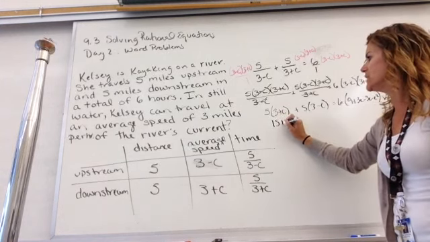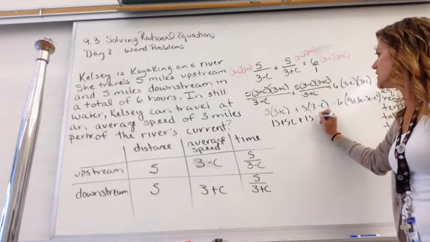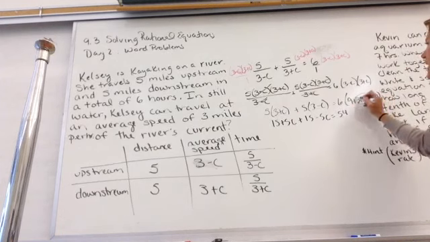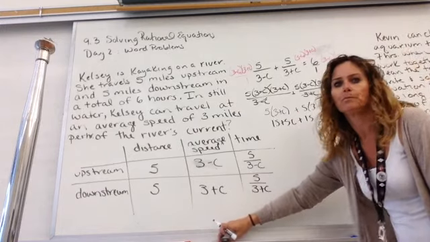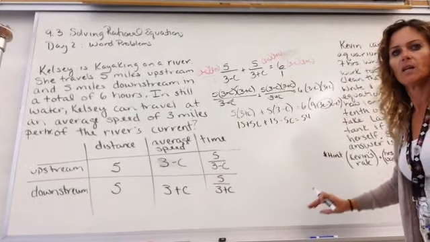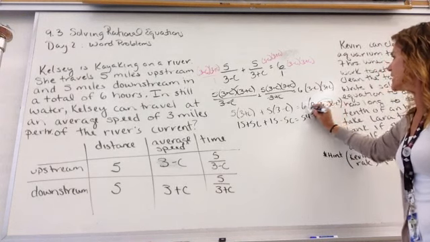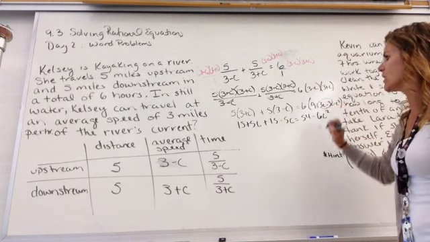Distribute the 5s: it's 15 plus 5c plus 15 minus 5c. Distribute your 6. 6 times 9 is 54. When I combine my positive 3c minus 3c, it becomes 0. 6 times 0 is just 0, and then we have 6 times negative c squared.